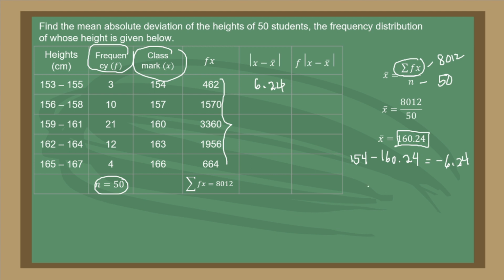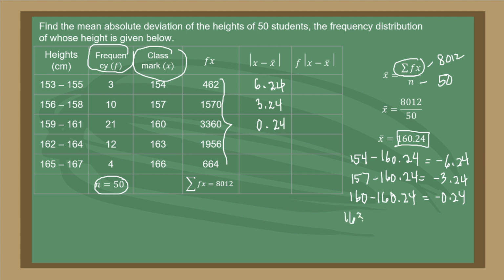Next, we have 157 minus 160.24. The answer is negative 3.24. Get the absolute value, then it will become 3.24. Next, 160 minus 160.24. The answer here is negative 0.24. Then get the absolute value, then 0.24.